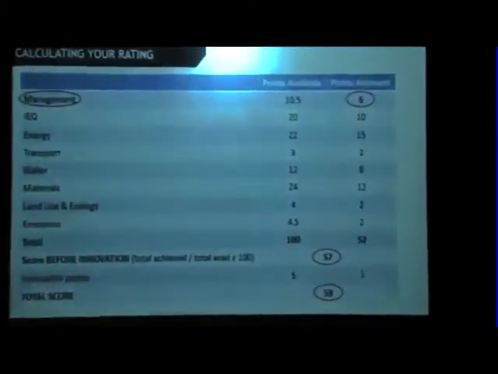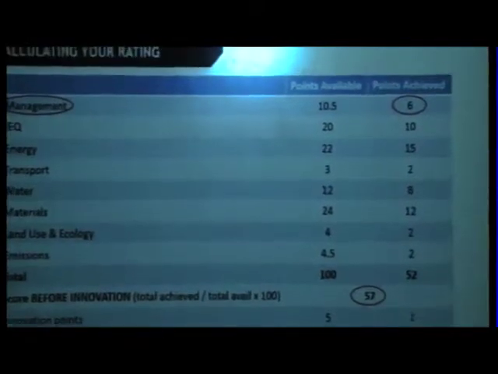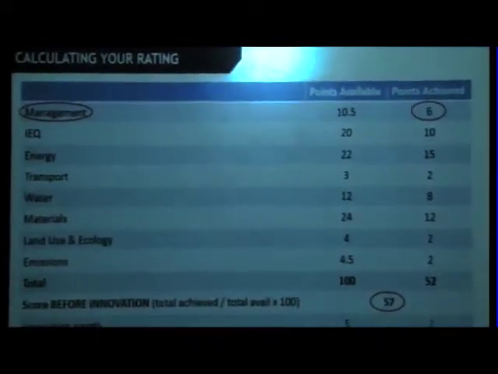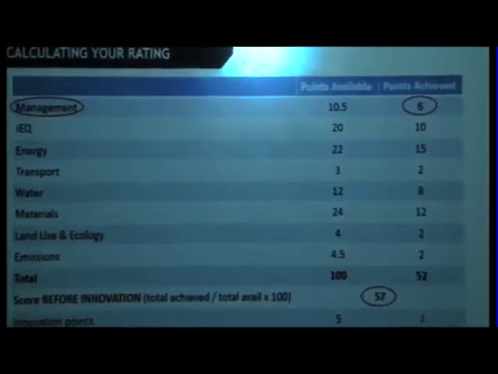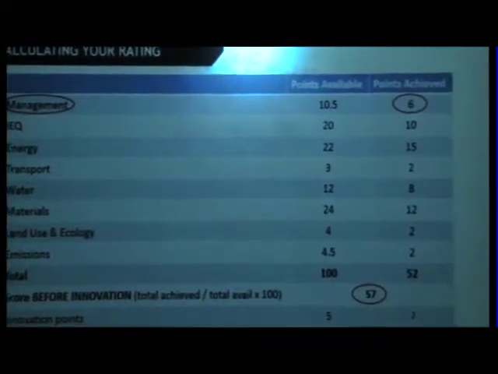They got 2 points in innovation, and those innovation points are bonus points, so their total is 59. That also means they just missed a 5-star rating by 1 point.